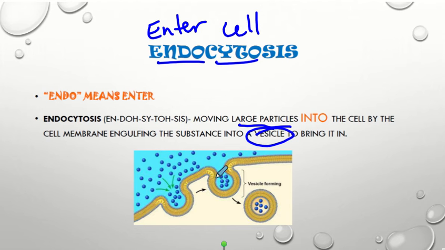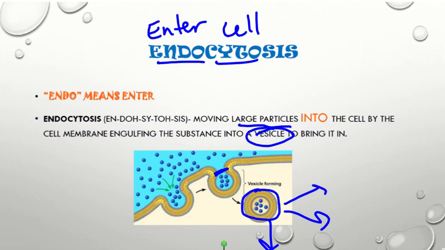It'll form a little bit of a pocket. The cell membrane will pinch off, and we have a transport vesicle that'll go wherever it needs to go in the cell to deposit. Now you will have a lysosome that will use enzymes to break that vesicle down and further make sure that it is delivered to the correct location within the cell.